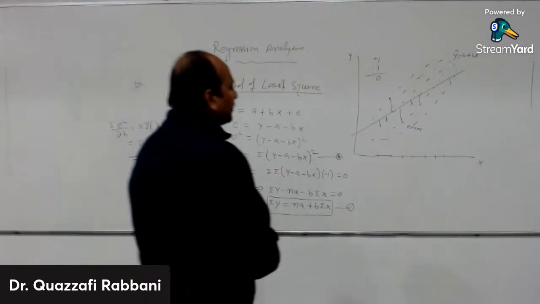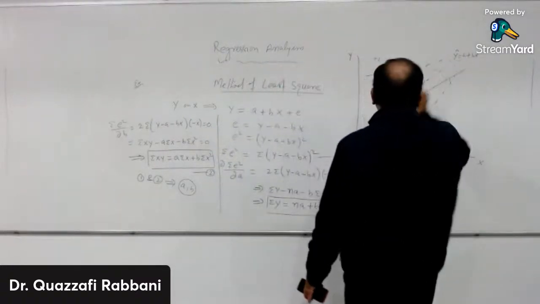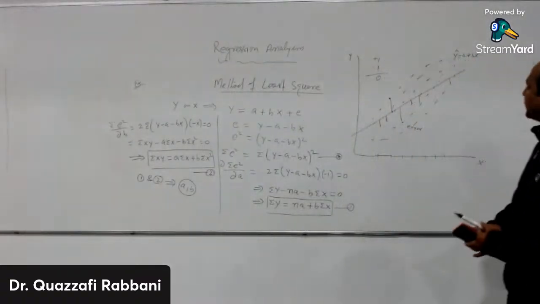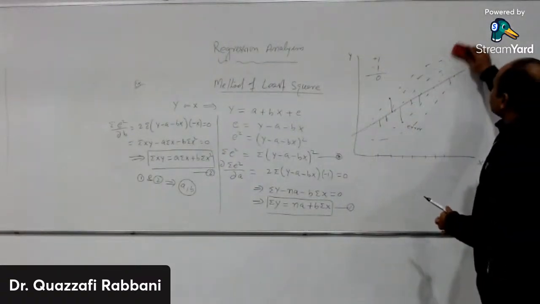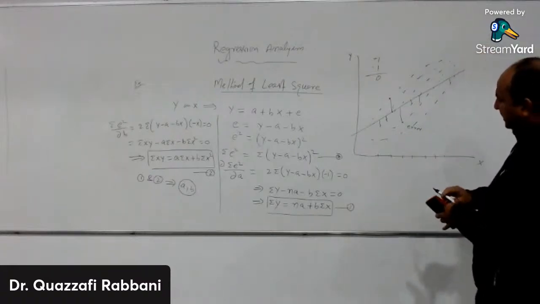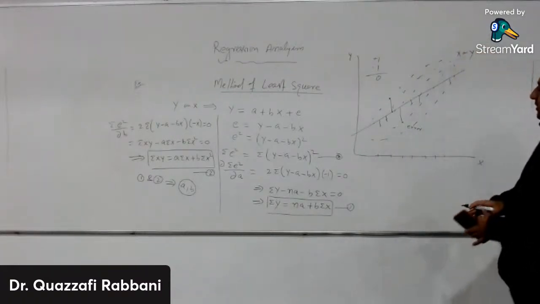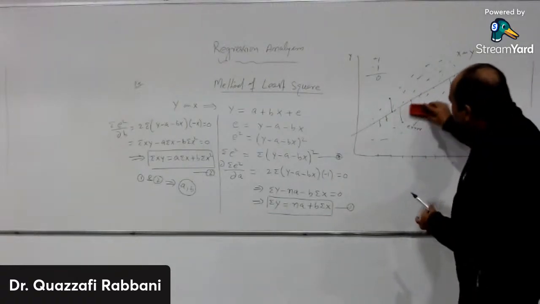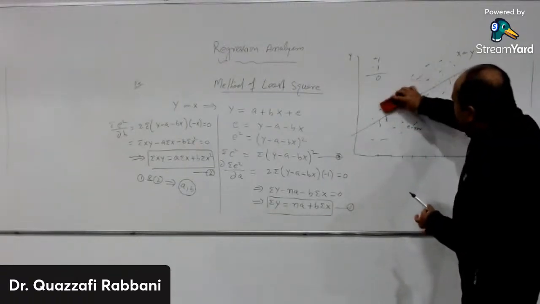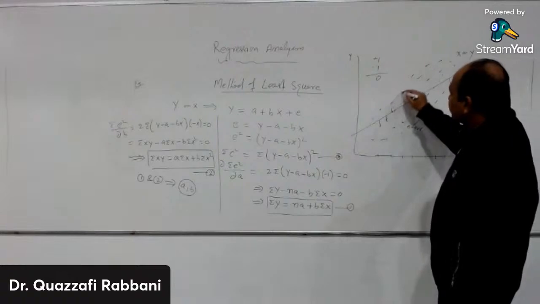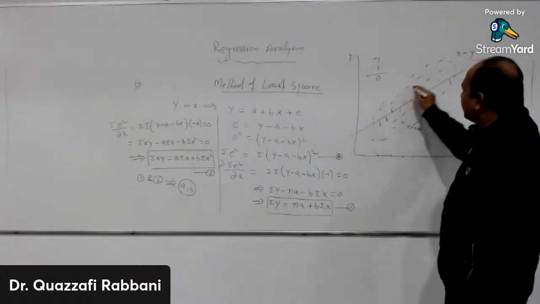Similarly, this is the y on x. Suppose this equation is x on y. Here we take the x on y. So here you see this is the value of x.